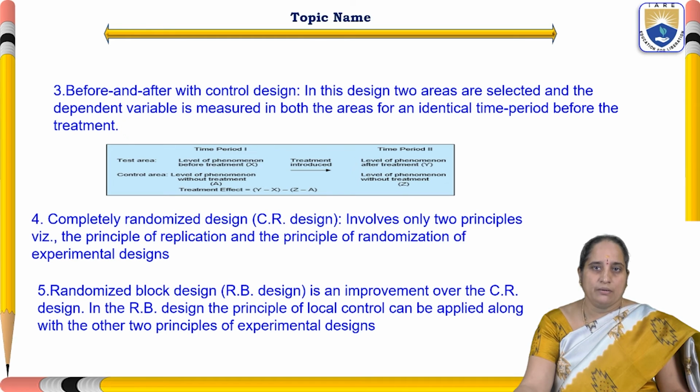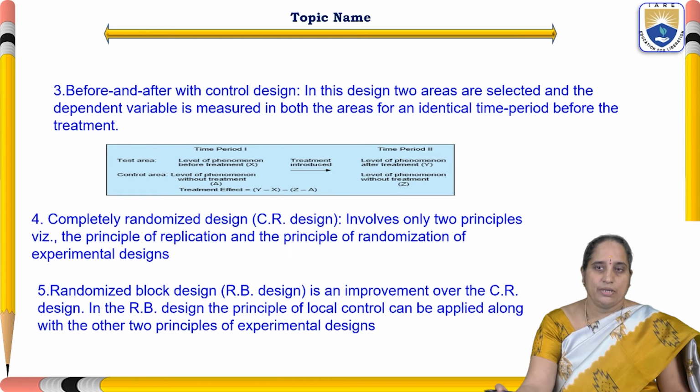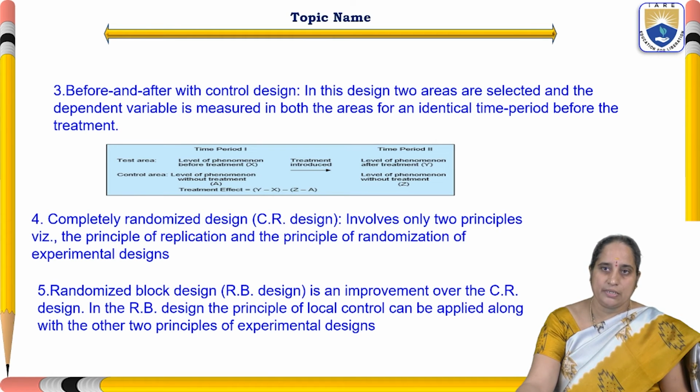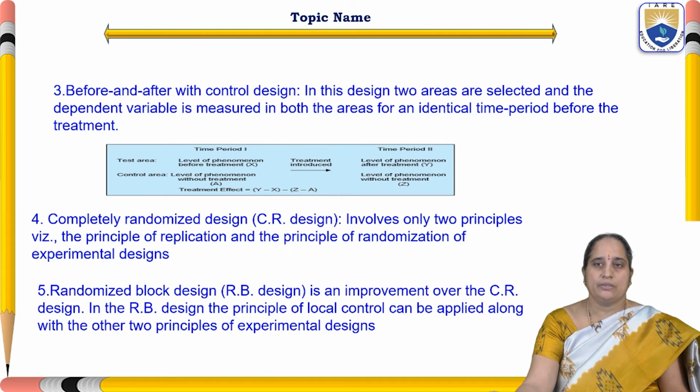The level of phenomena before treatment is known as X, which is related to the test area, whereas in the control area, the level of phenomena without treatment is known as A. Then we introduce the treatment and enter time period 2, where again we need to find the level of phenomena after treatment under the test area, Y, and the level of phenomena without treatment under the control area, which is denoted as Z. So how can we measure the treatment effect?